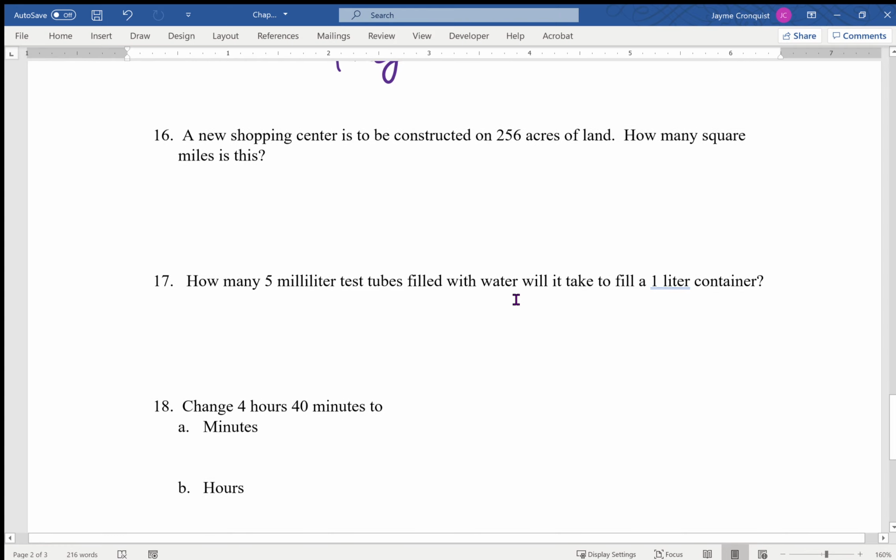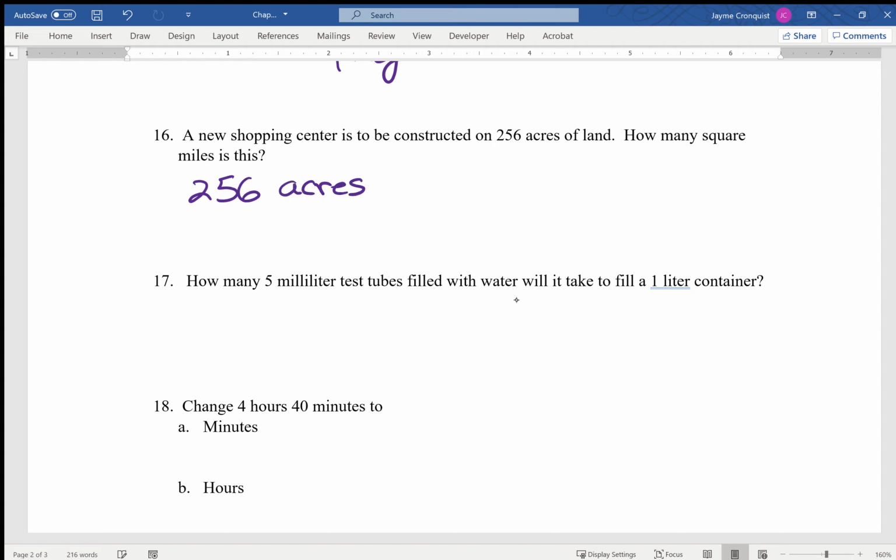Okay, 16. A new shopping center is to be constructed on 256 acres of land. How many square miles is this? Okay, so 256 acres. And our chart gives us acres to square miles, so that'll be easy.